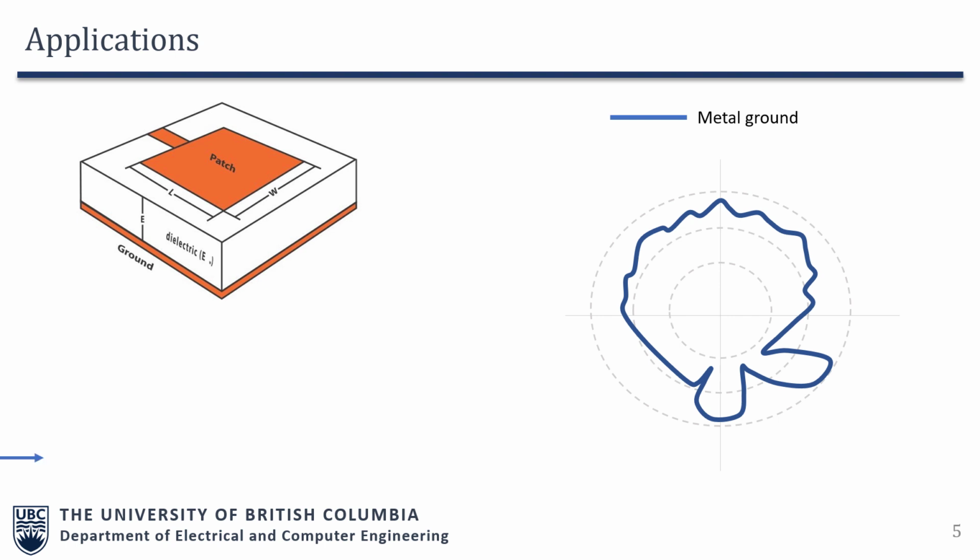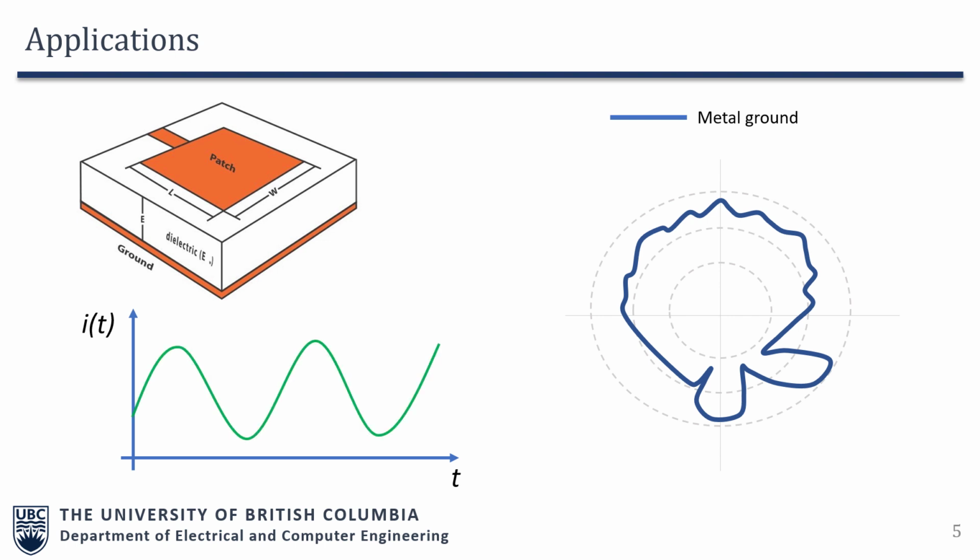Now, if you draw the current plot, the sinusoidal current on the patch, you might denote it with this green plot. Now, as for the patch antenna's current, the ground is a solid plane, so it would generate the image current that's flowing onto the radiating surface, that means the patch.